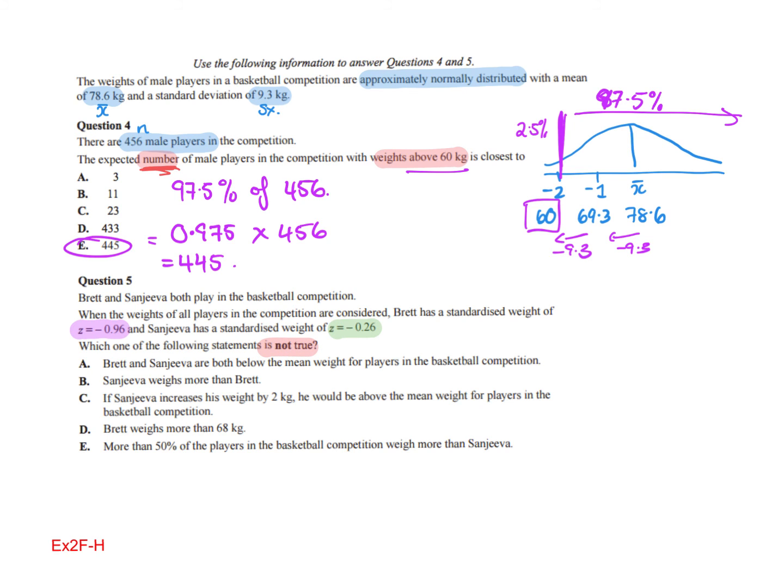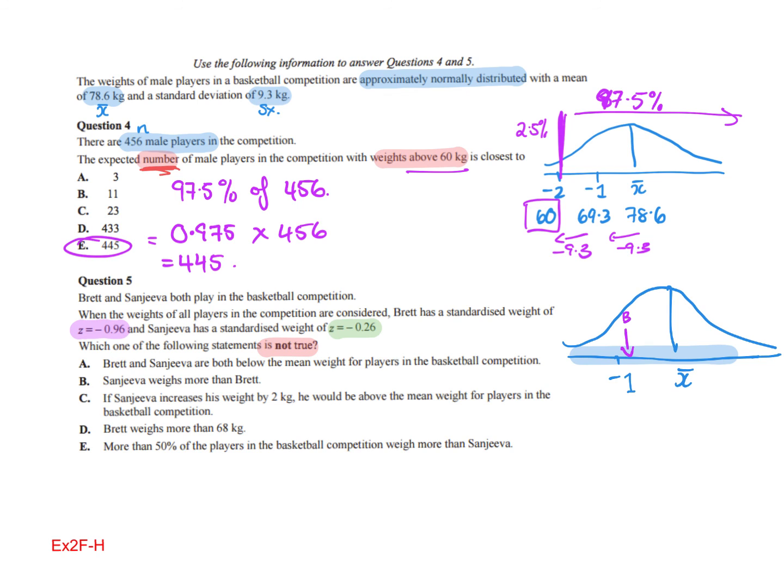So what I suggest is we can just think about our score. Just think about where those two are actually sitting in terms of this. So they're both negative. So if I go -1, Brett is down here.